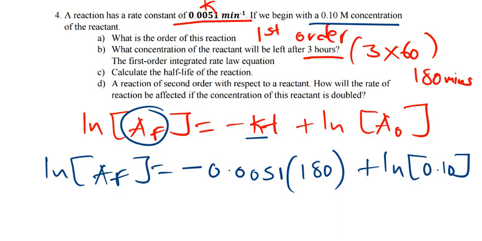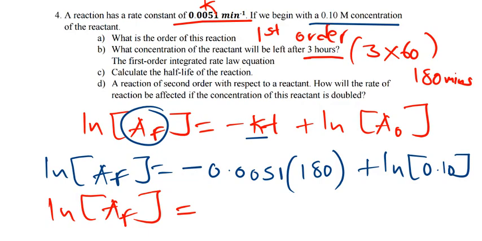So let me grab my calculator. Negative 0.0051 multiplied by 180 plus the natural log of 0.10.